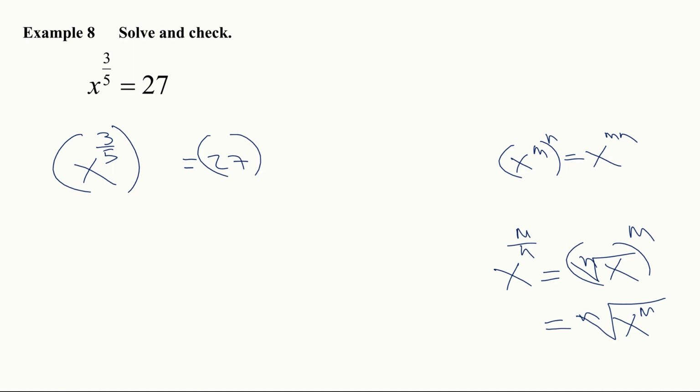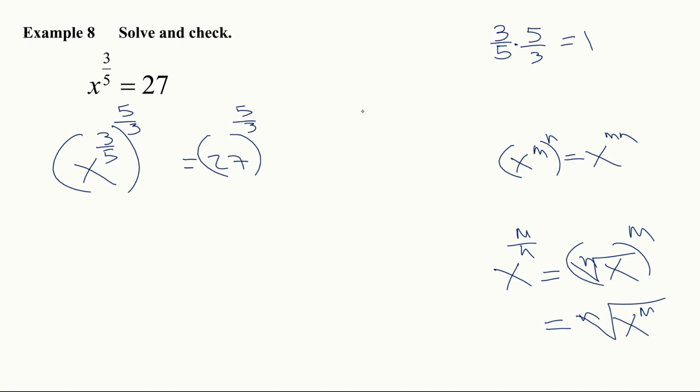So I want 3/5 times some number to equal 1, and we know that that's very easy. That just has to be the what? The reciprocal, right? Or the multiplicative inverse. So what we're going to do is we're going to raise both sides to the power of 5/3.